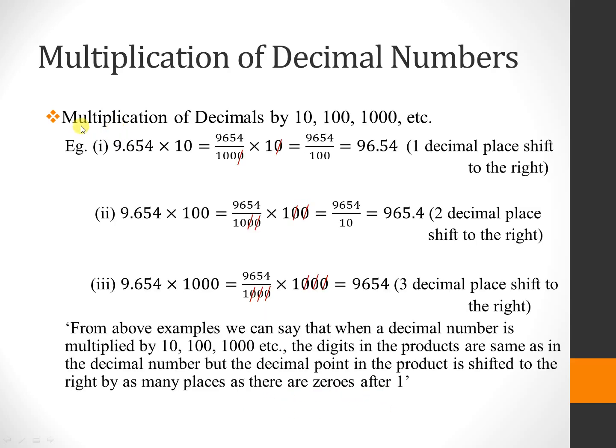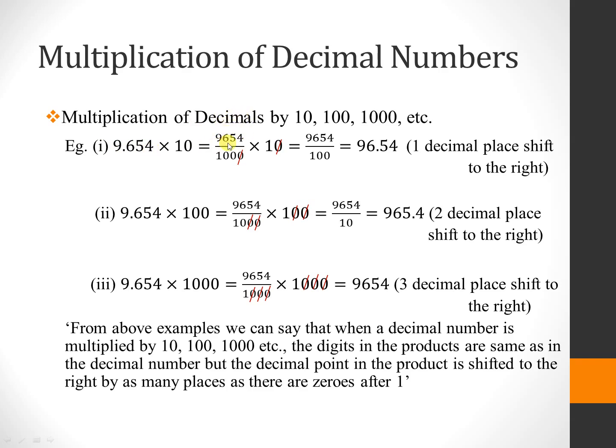Next, multiplication of decimals by 10, 100, 1000, etc. Let's see one example. 9.654 multiplied by 10. Let's do this multiplication by converting the decimal number into a decimal fraction. After the decimal point there are 3 decimal places, that means thousandths.